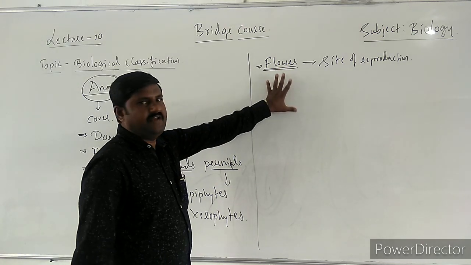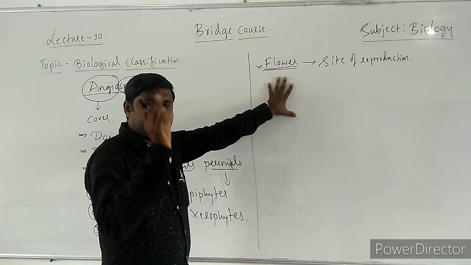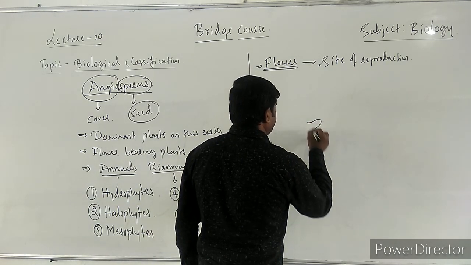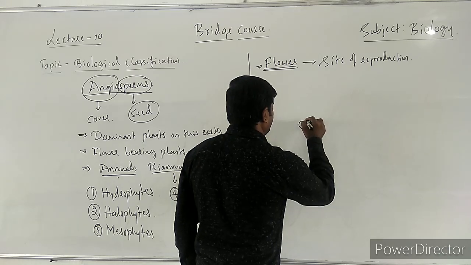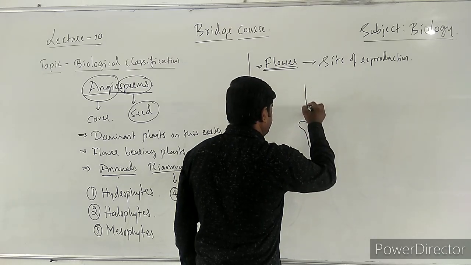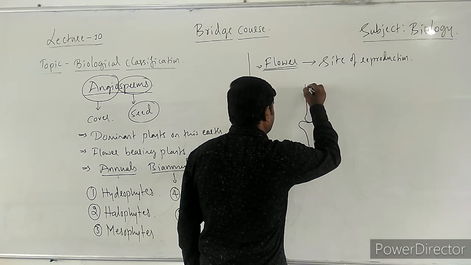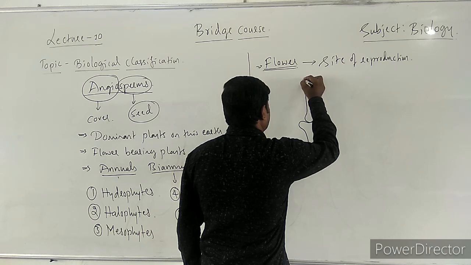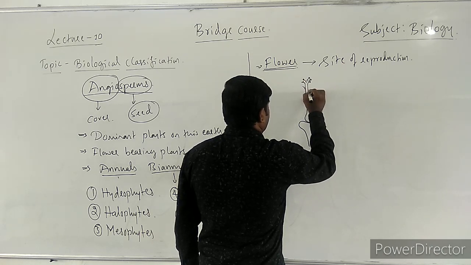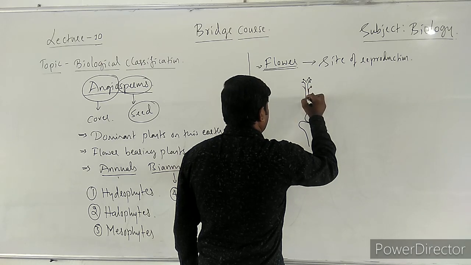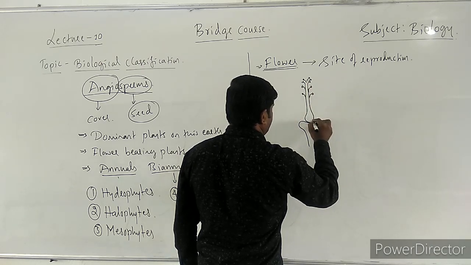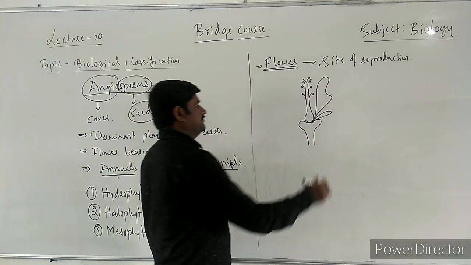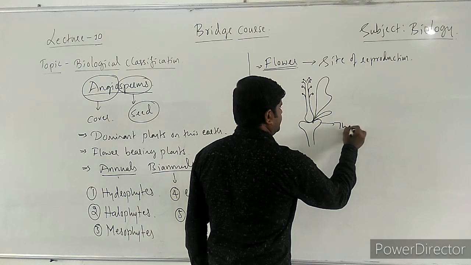And this flower has different parts. When we see one flower, you will come across a simple diagram of the flower here. So this is thalamus.